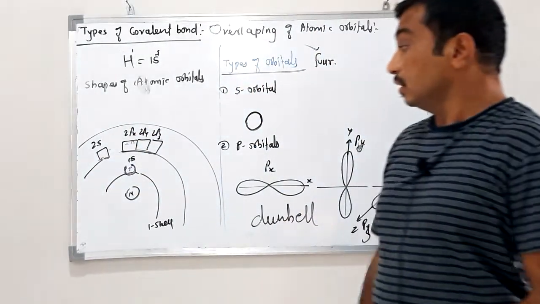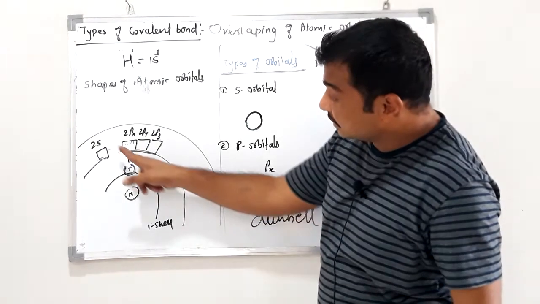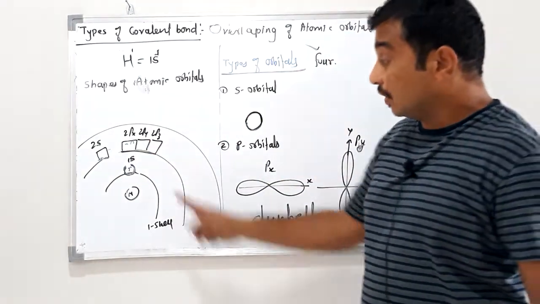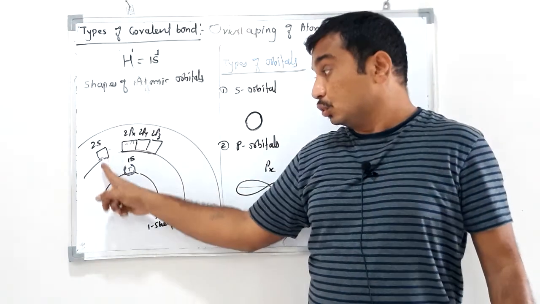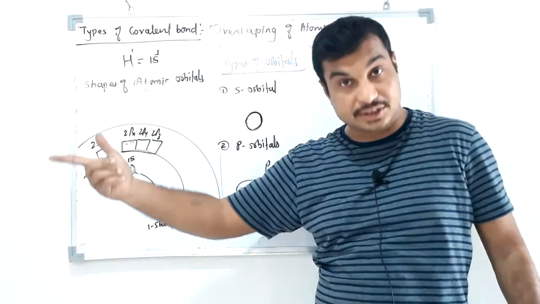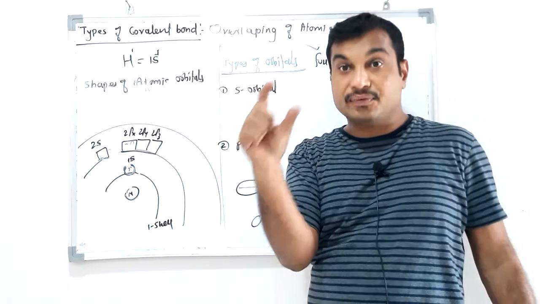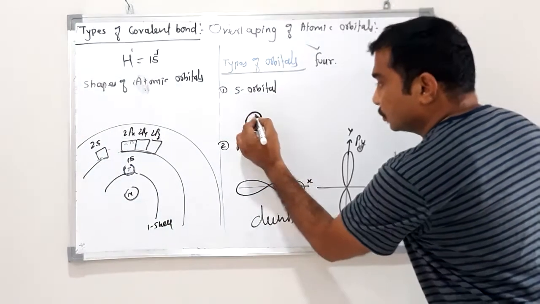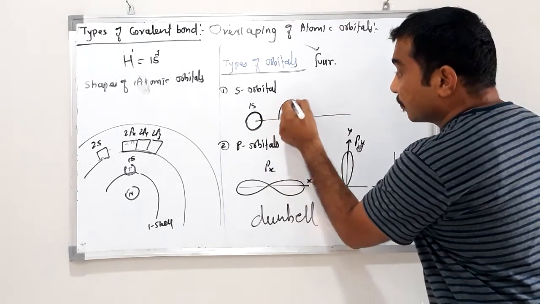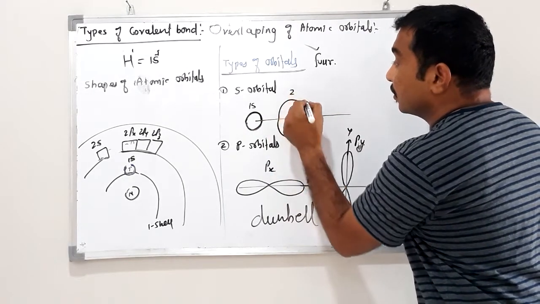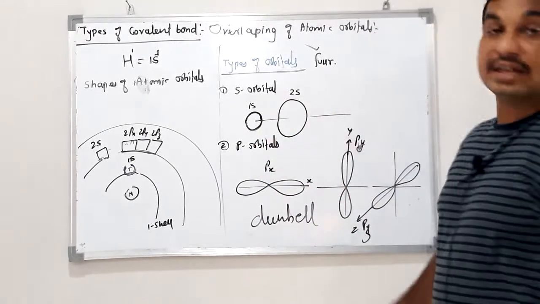What is the difference between 1s and 2s? The 1s orbital is present in the first shell, the 2s orbital in the second shell. Suppose this is the 1s orbital, then the 2s orbital will be greater in size.